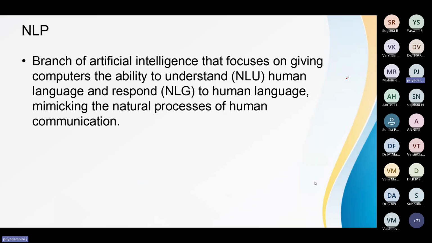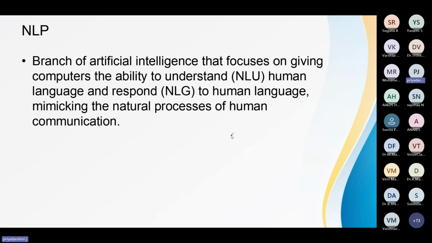Anyway, keeping that apart, what is NLP? It is a branch of AI that focuses on the ability to understand our language, what we talk. Nowadays, text to speech and speech to text also offer more and more opportunities, as well as grammar, the way in which something has been written. Google Translate, if you see, gives you output in two different ways.